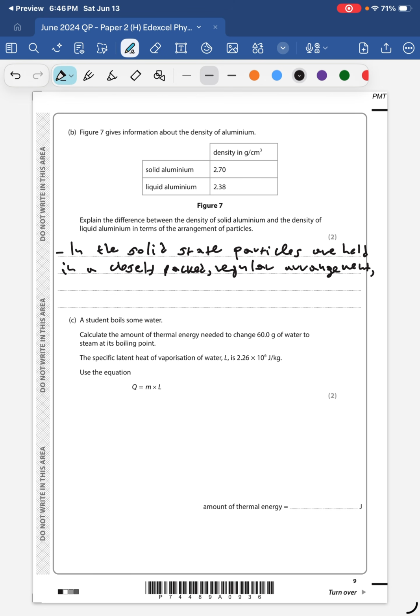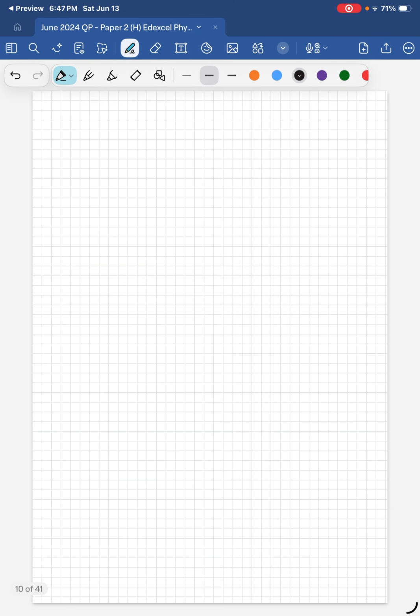So there are more particles per unit volume. I'm going to need an extra space, so let's do that.